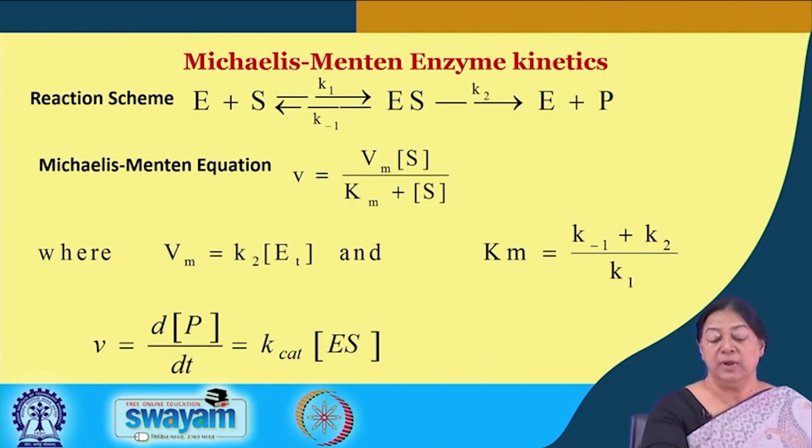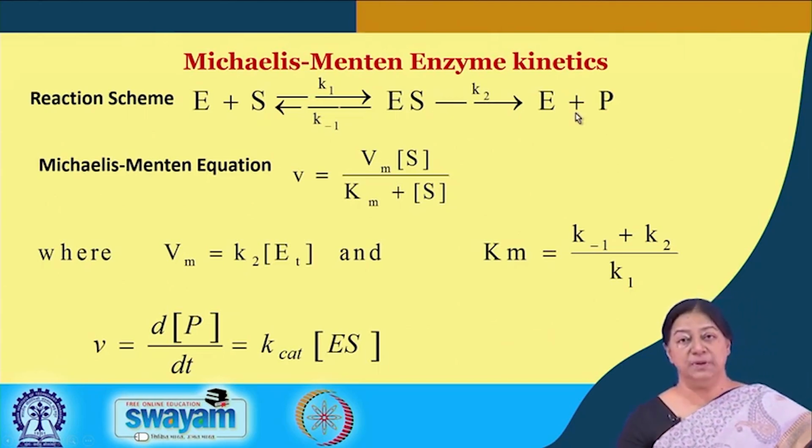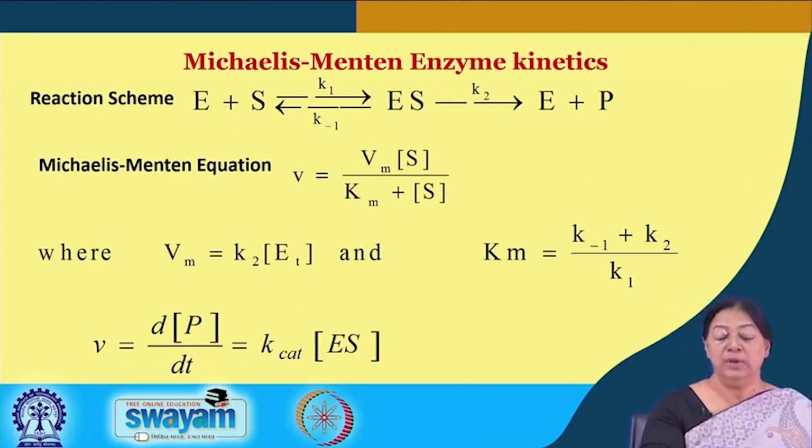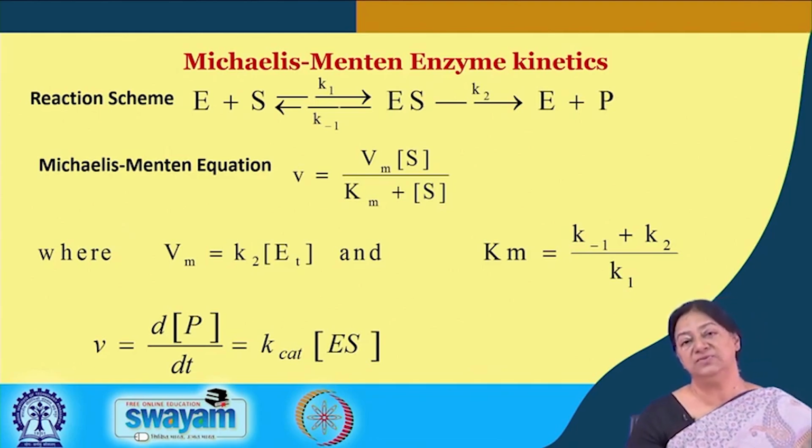This means that the forward reaction is the only way by which the enzyme substrate can be formed, and the decay can occur through either K minus 1 or K2. If we now work out some algebra based on enzyme kinetics, we will come up with what is called the Michaelis-Menten equation. The Michaelis-Menten equation tells us that this reaction has a certain velocity to it.